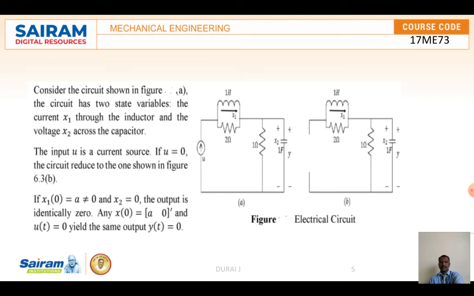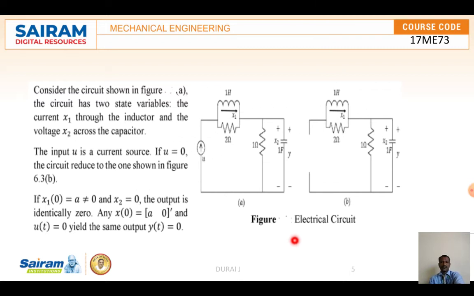Next we are going to compare two circuits. In both the A and B circuits, there are two state variables: x1 through the inductor and the voltage x2 across the capacitor, and the input current u is the source.